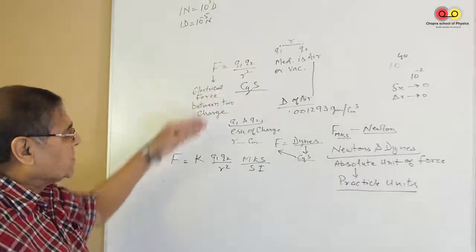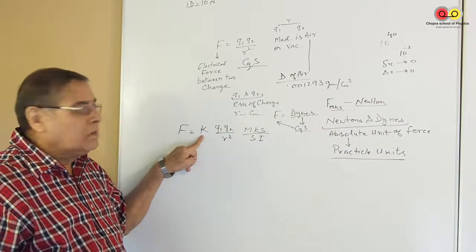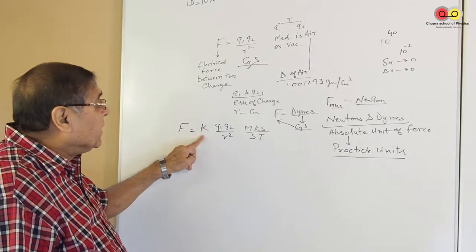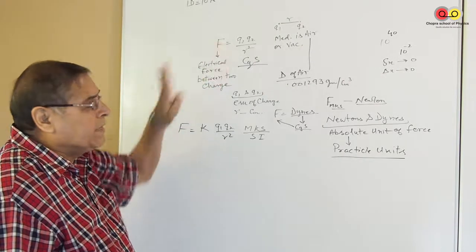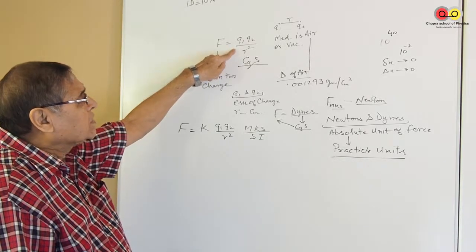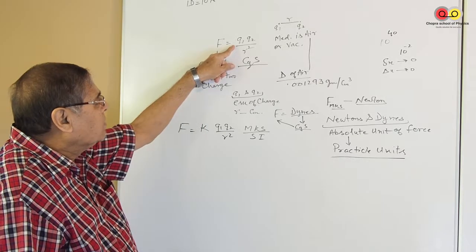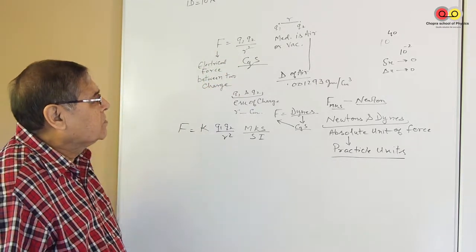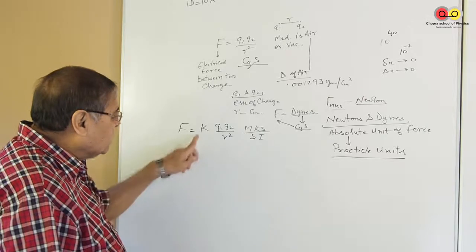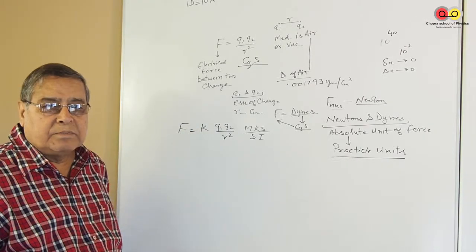So what's the difference? Here we have taken a constant, this constant K, here we have not taken. So the simple rule to remember: when we are not using this constant, it means the CGS concept is used, and when we are using K here, it means it should be the MKS system.